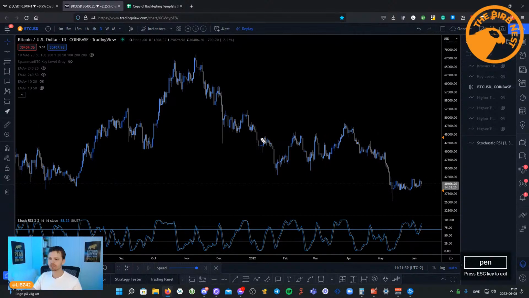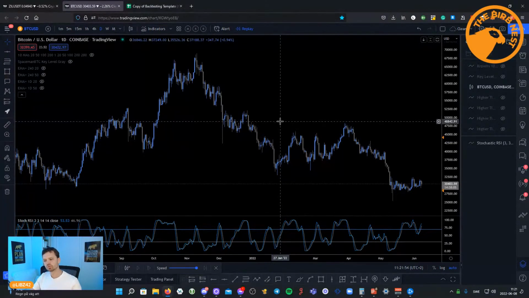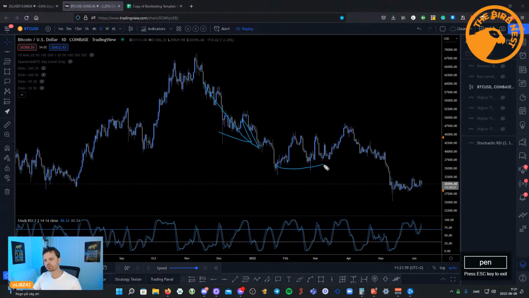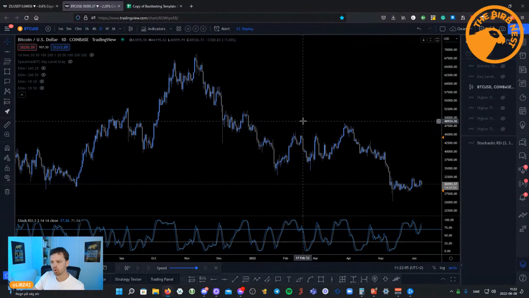And when it's in a clear range, you could take the decision to short every resistance and long every support, or you could choose to only trade in the direction of the trend prior to the range, right? So the trend prior to the range was to the downside. So I would say only go short at resistance of that range.